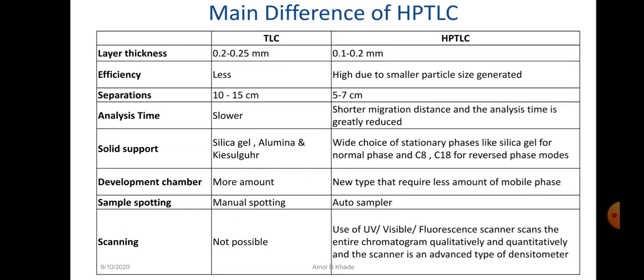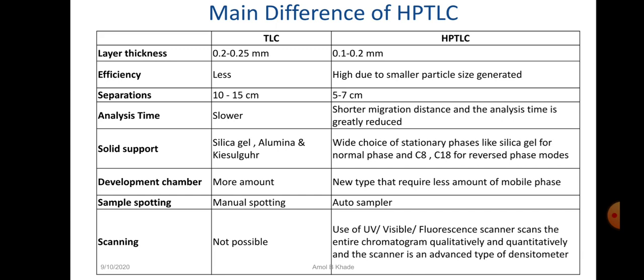Now, what is the basic difference between our conventional TLC and HPTLC? First, we will see the layer thickness. We know the stationary phase is coated on some supporting material like glass, alumina or plastic.